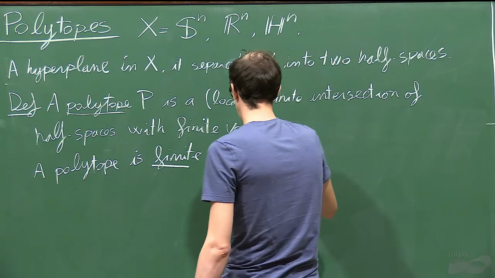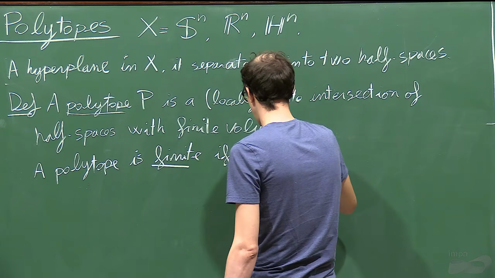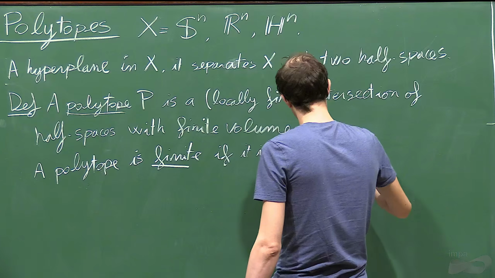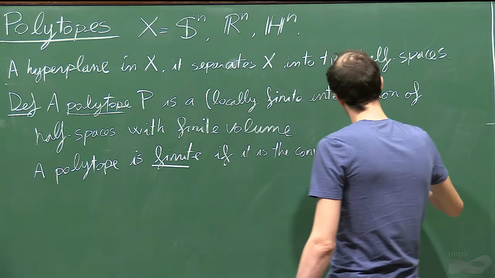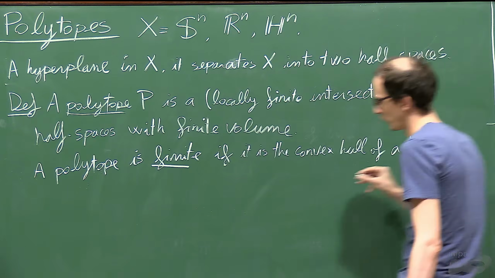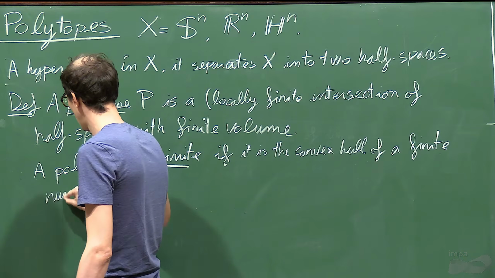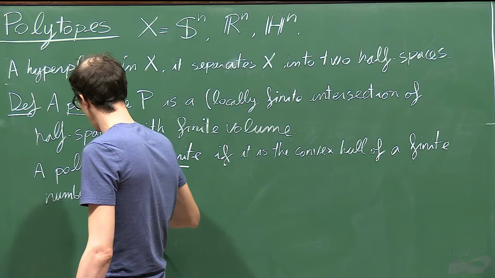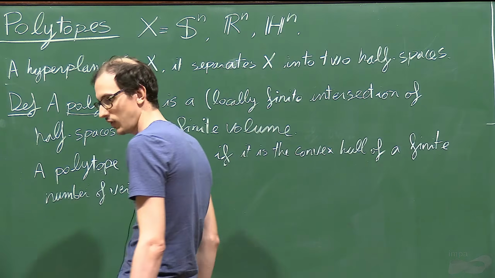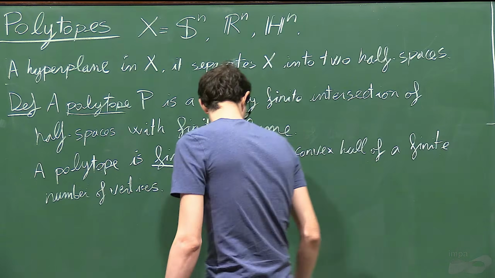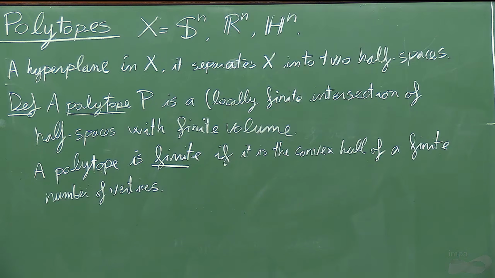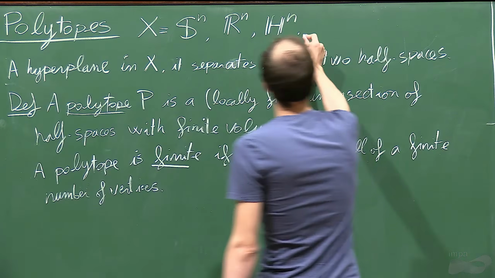if it is the convex hull of a finite number of vertices. So here there is a bit of a difference that arises in the hyperbolic space.